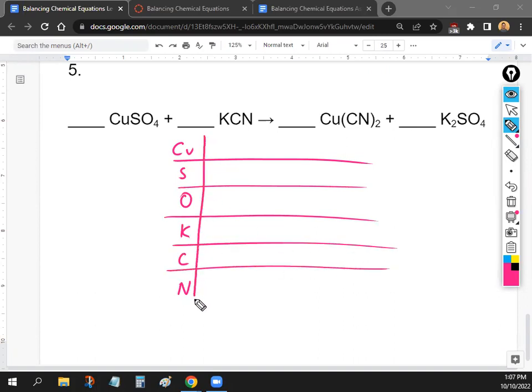I'm just going to go through them one by one and just make sure that you guys got them. We got 1 copper, 1 sulfur, 4 oxygens, and then 1 K, C, and N. Okay, on the left side. Okay, we go to the right side. We got 1 copper, we got 2 carbons, 2 nitrogens, 2 potassiums, 1 sulfur, and 4 oxygens.